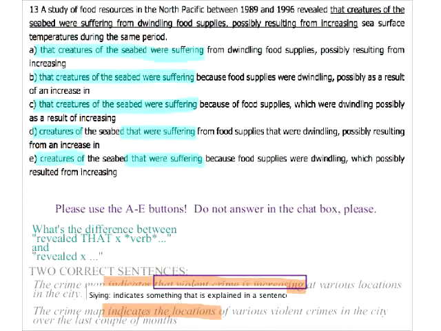To refer to the whole idea of this clause, you use that plus clause.